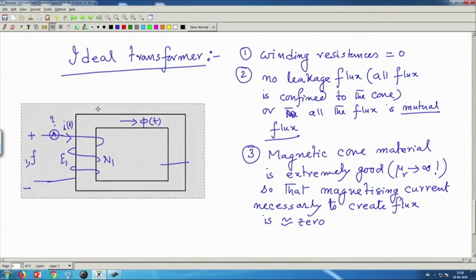This is the thing. Okay. So, this was the thing. Now, you see, in this it is not a transformer, it is a single coil, which I was discussing so far. Now, what I will do is draw another coil. Suppose here is another coil.